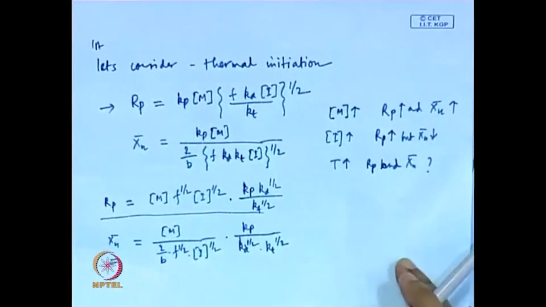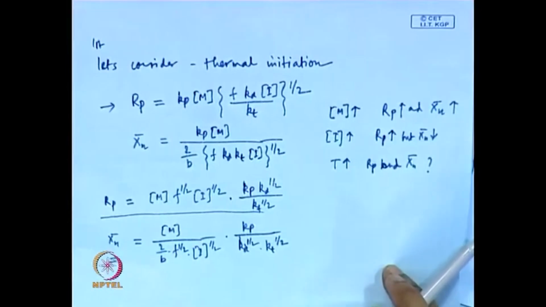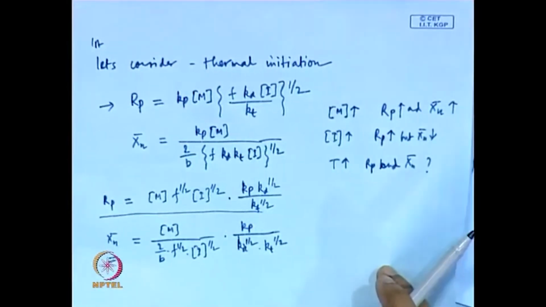So the conclusions we just made about the effect of temperature on reaction rate and molecular weight are valid only as long as the steady state is maintained. Once the steady state is broken, for example during the gel effect, these conclusions are not valid anymore, and the effect of temperature will be much more complicated than what we just discussed.